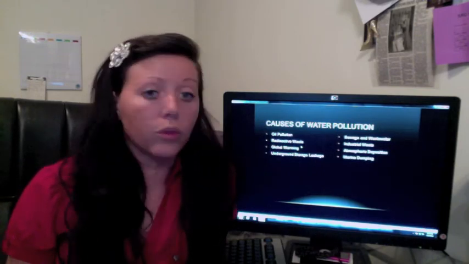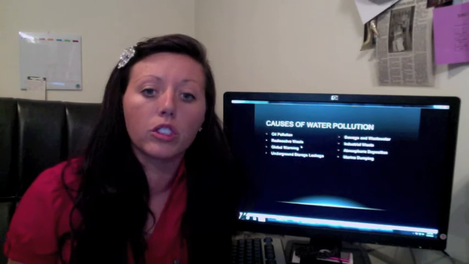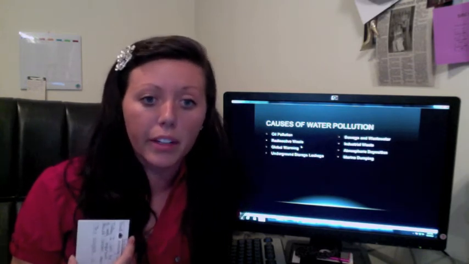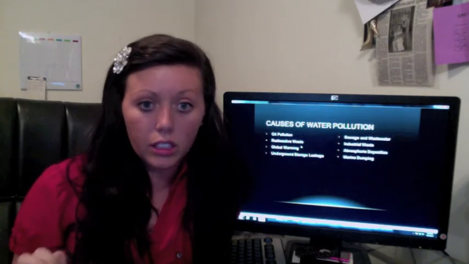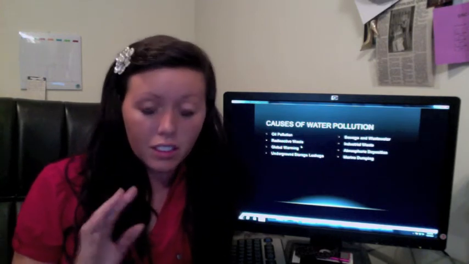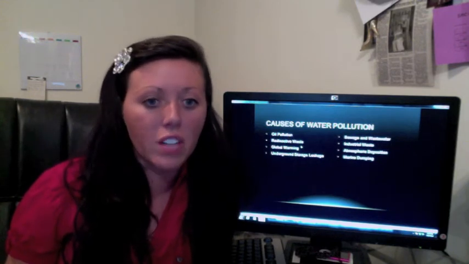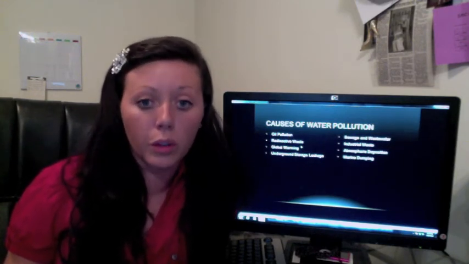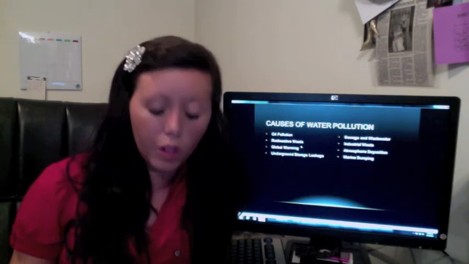Another cause of water pollution that I would like to explain is underground storage leaks. Underground storage leaks occur over time because the steel corrodes and then causes a leak, which in return affects surrounding soil and groundwater.